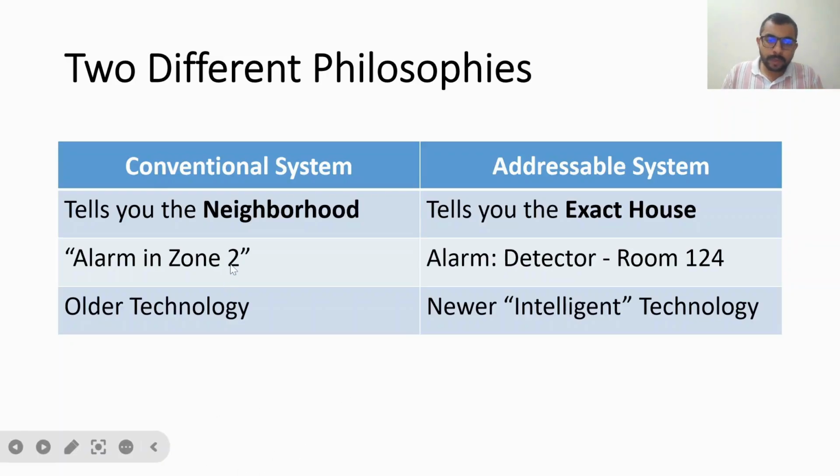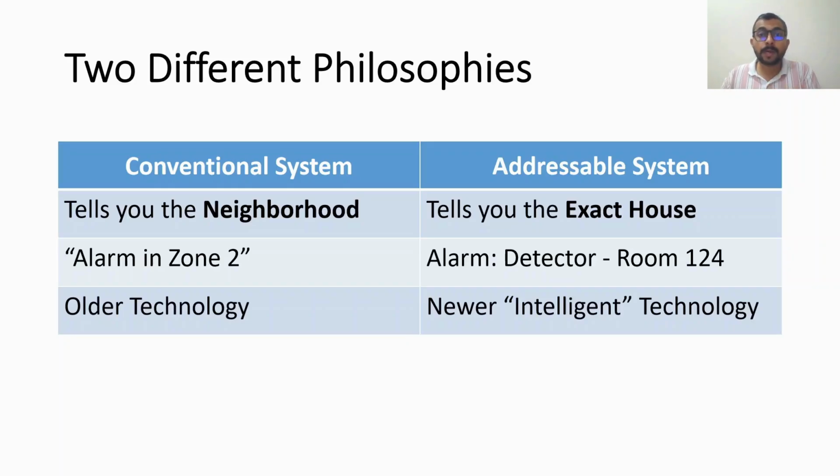So, for example, in a conventional system, the fire condition would be shown like alarm in zone 2. Zone 2 could be a neighborhood or a street, but it never points out which device or which house it is. Whereas an addressable system shows the alarm and the particular detector, in which room it is located.